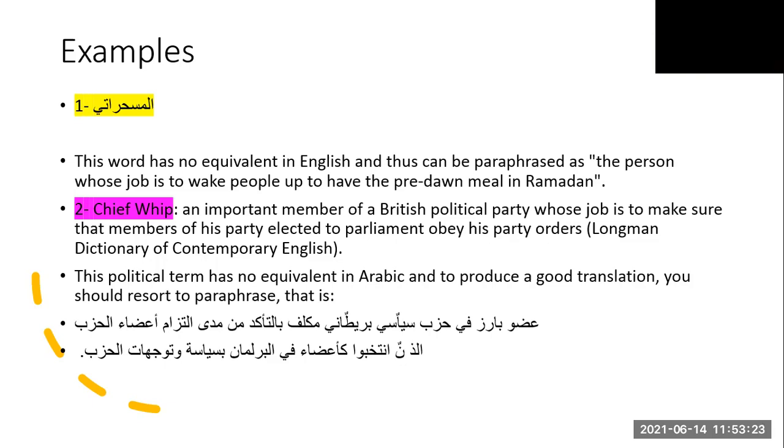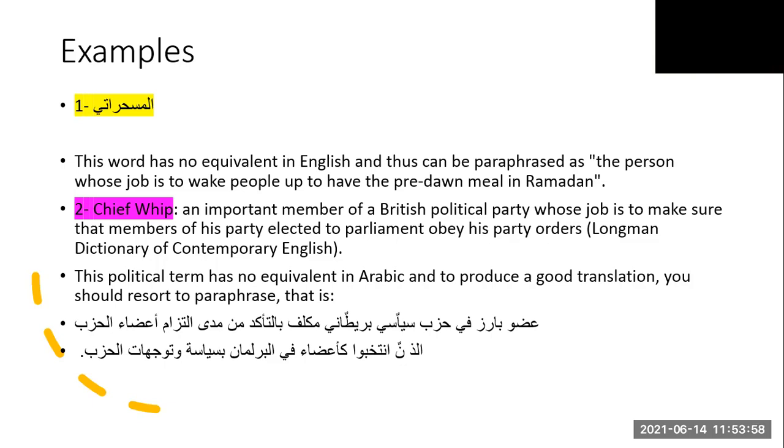Now that's a long job description. So this is a member from the political party, عضو في الحزب, وظيفته أن يتأكد أن الأعضاء الحزب الذين انتخبوا في البرلمان يلتزمون بقواعد الحزب. So we don't have an equivalent in Arabic for this word at all. What do we do?